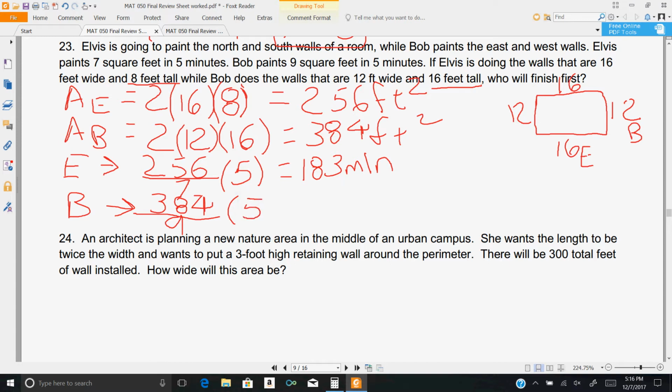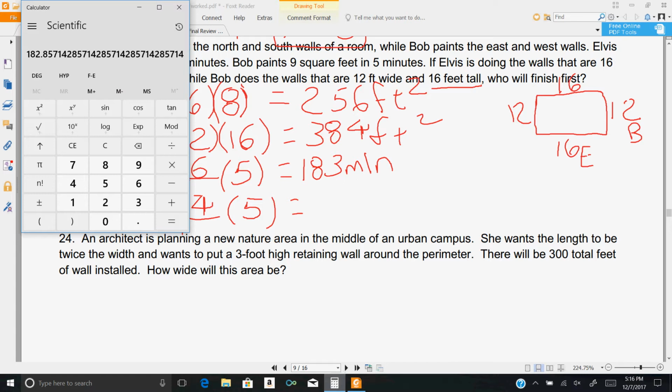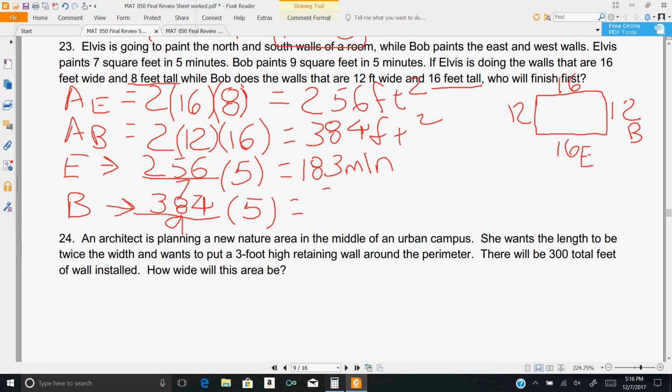And I multiply that by 5, because for every one of those 9 square feet, it takes him 5 minutes. So 384 divided by 9 times 5, 213 minutes.